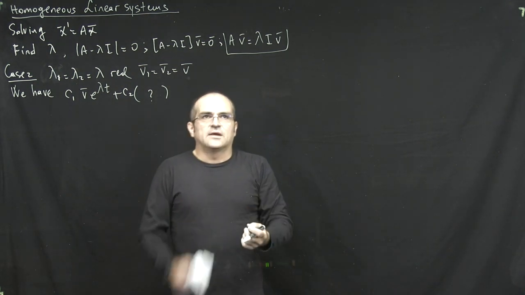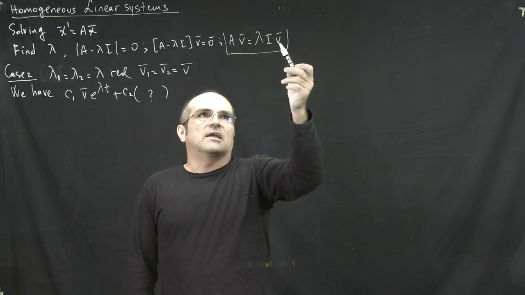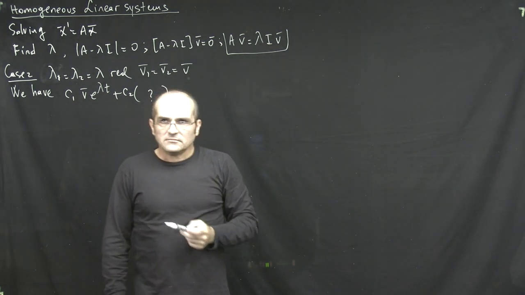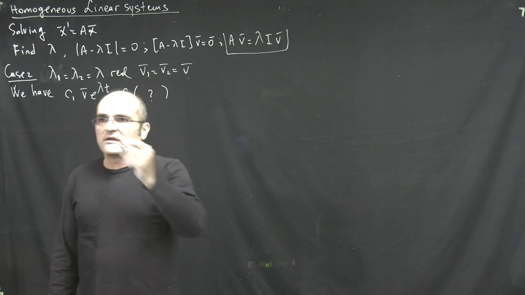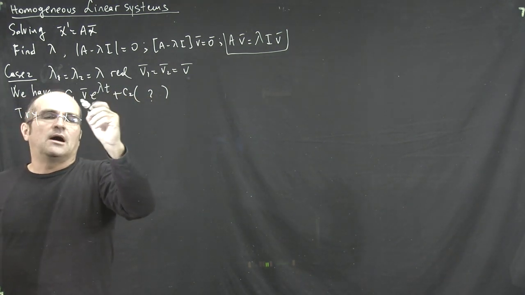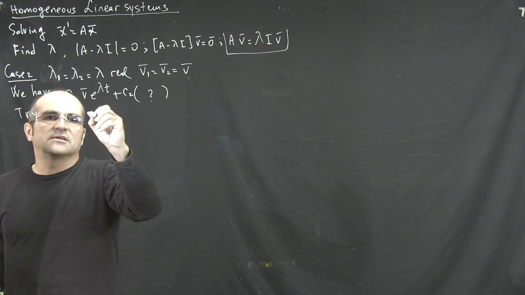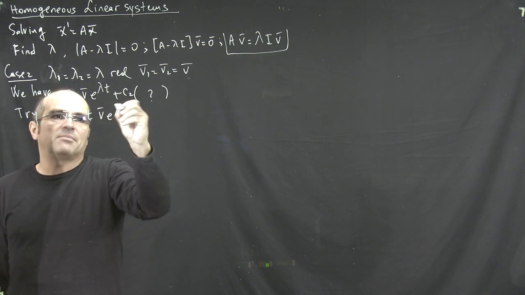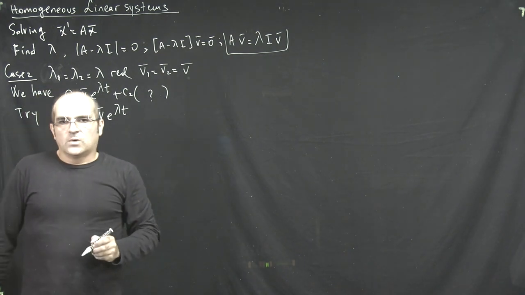So v bar is the eigenvector corresponding to lambda. So if I just try, for example, as a solution t times v bar e to the lambda t, it is not going to work.